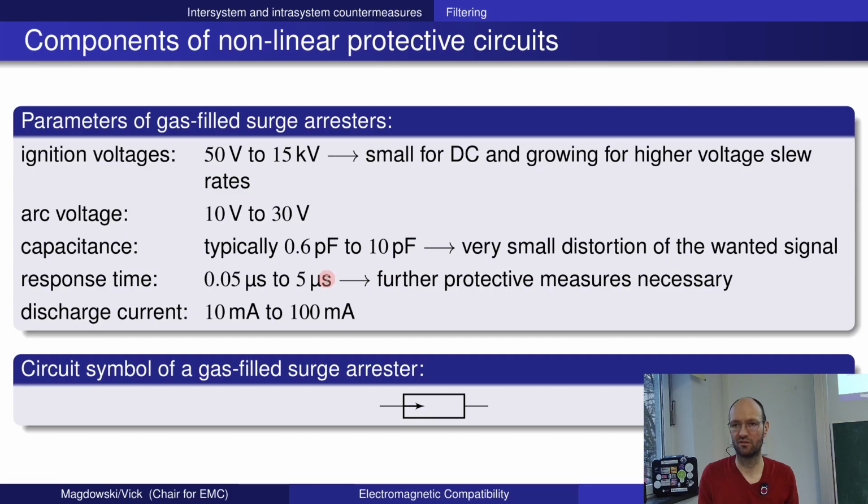It's also in the microsecond range. The typical circuit symbol for such a gas-filled surge arrestor looks like this resistor-like symbol with some arrow in there for one of these electrodes, where you have the arc or the spark gap.